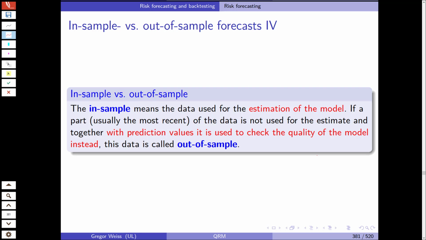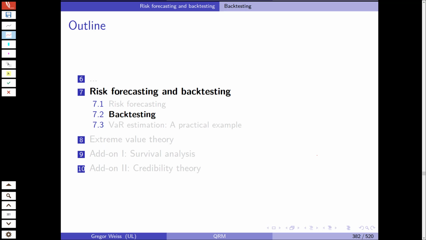So that's in-sample versus out-of-sample fit. By the way, if your model is not even able to produce a good in-sample fit, you shouldn't consider it in risk modeling in the first place. So a good in-sample fit is usually a necessary condition, whereas out-of-sample fit is nice to have, but at least you need a good in-sample fit.